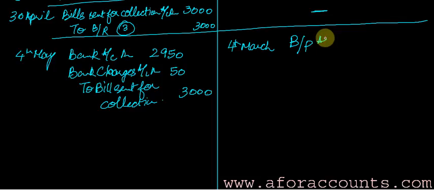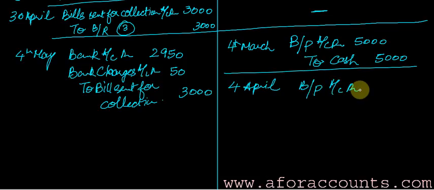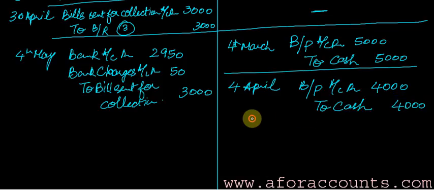Bills payable account debit 5,000 to cash or bank, whatever, 5,000. Okay, that is 4th March. Now on 4th April, about the second bill, it needs to be paid. Bills payable account debit 4,000 is the amount of the bill to cash or bank, whatever, 4,000 has to be paid.